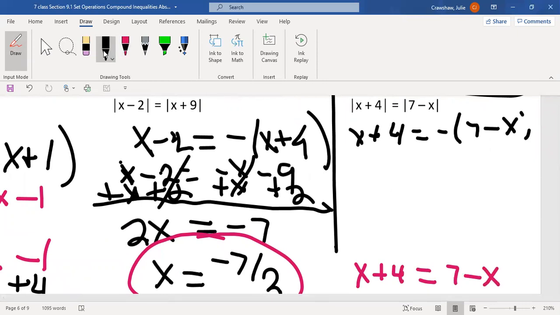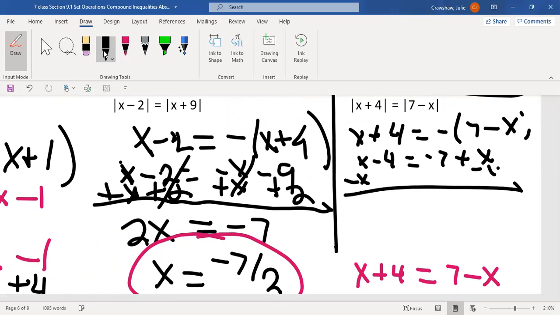My first one, I'm going to distribute my negative sign, and I'm going to move my x's to the same side. But they cancel out, don't they? And I get negative 4 equals negative 7. It's false, so that's just not going to give me an answer.